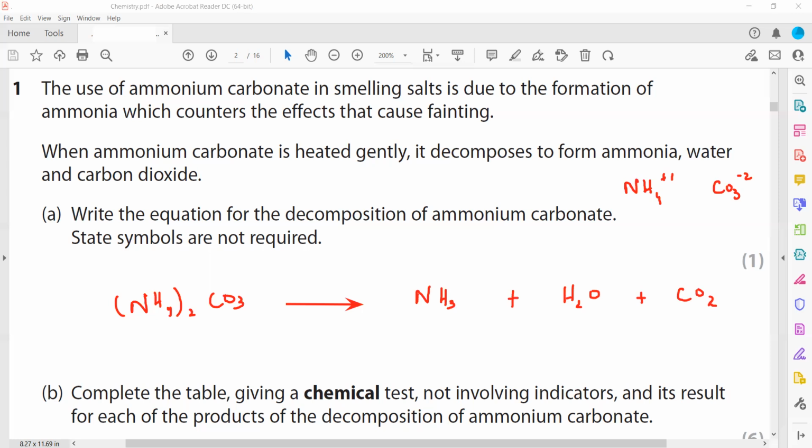So we have two ammonium ions here, so basically two nitrogens. So we need two, and I put two here. Nitrogen is balanced. What about hydrogen? 4 multiplied by 2 is 8. So 3 multiplied by 2 is 6, plus 2 is 8. Carbon is 1, that is balanced, and oxygen is 3, so 2 plus 1 is 3. So this equation is balanced in terms of all the elements.